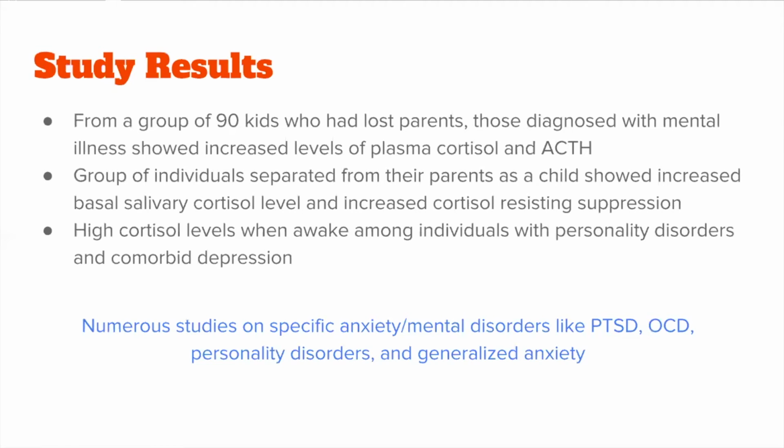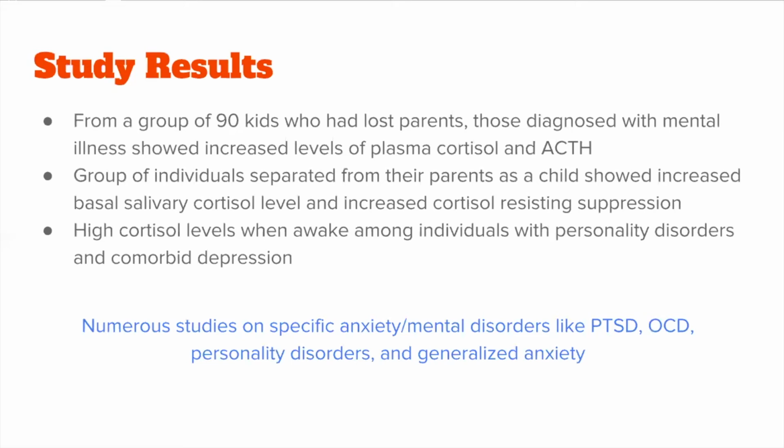So, the first study looked at a group of 90 kids who had lost parents, some of which had mental illnesses, others did not. And it showed that those who did have mental illness diagnoses were experiencing increased levels of plasma cortisol and ACTH.